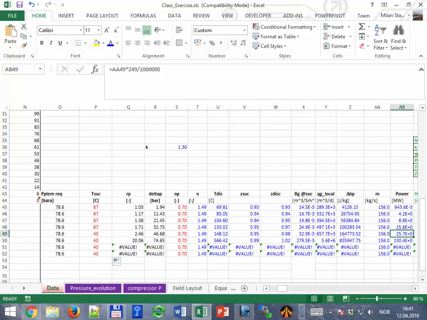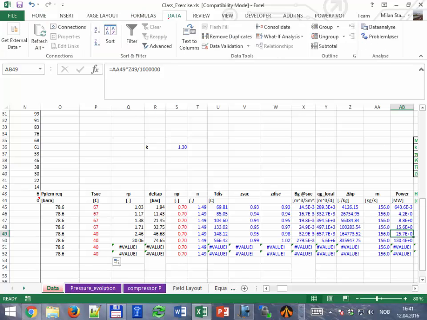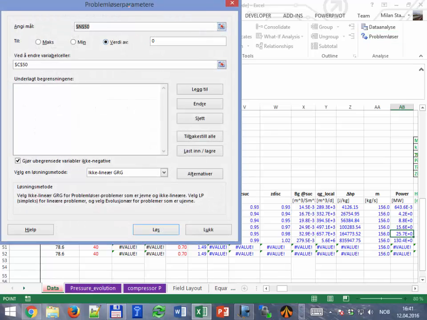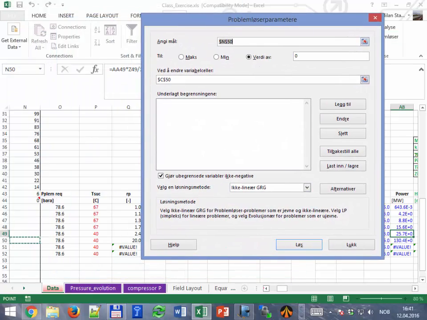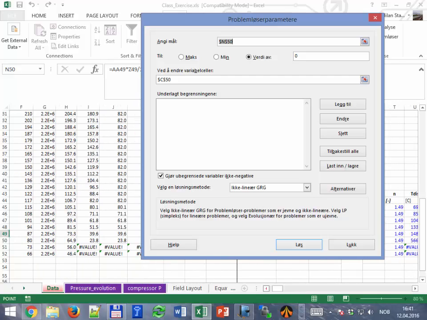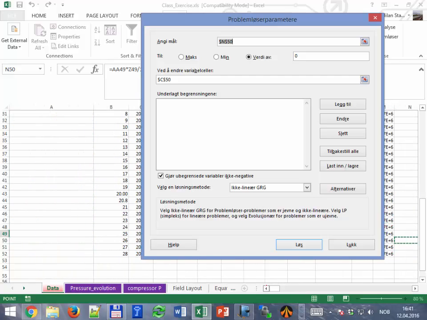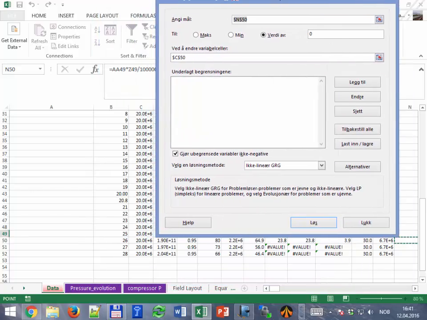So let's try with the solver, our dear friend solver, please. What do we want to do with the solver? What do we want to change? Power. It was year 25, right?